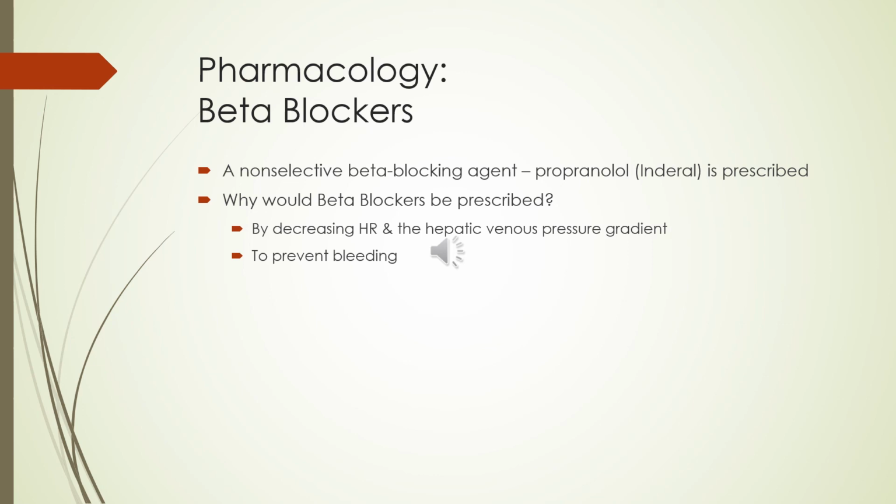If we think about the increase in the venous pressure that's happening in the hepatic vein, that becomes a problem, and we want to make sure that we are able to control that. This medication would help by decreasing the heart rate and also decreasing that venous pressure gradient, and also to prevent any bleeding that can occur from high pressures.